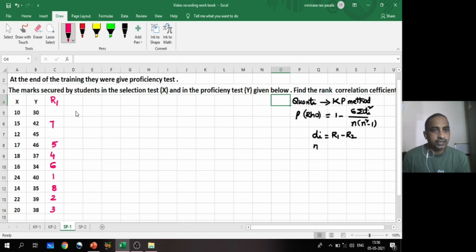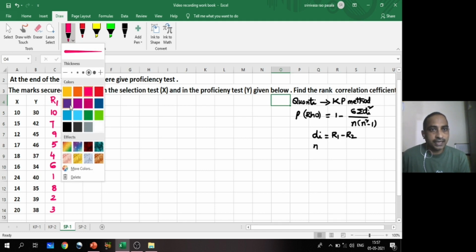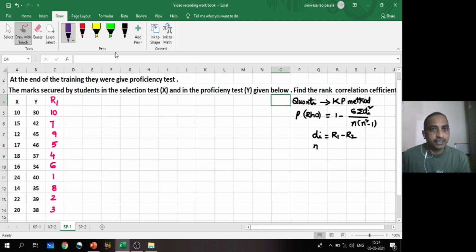After 14, 12 is 9. And 10 is the last mark, rank 10. If you understood how I assigned the ranks in the X series, follow a similar procedure for the Y series, which I denote as R2.